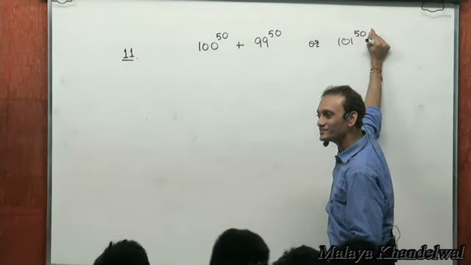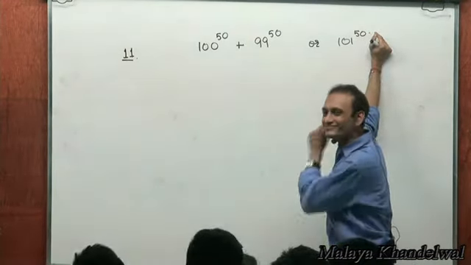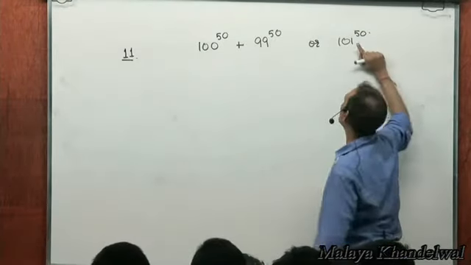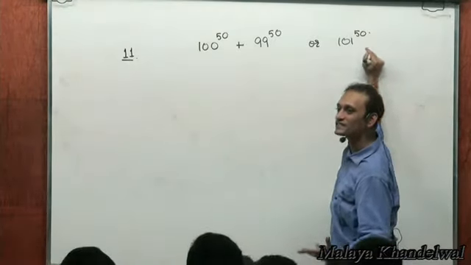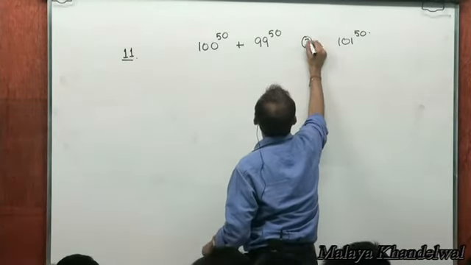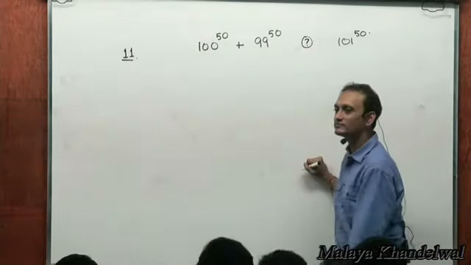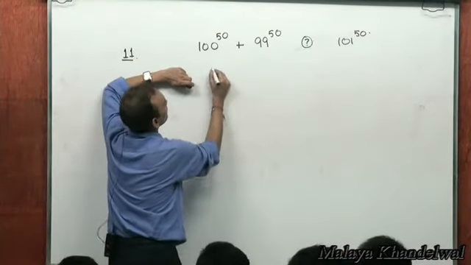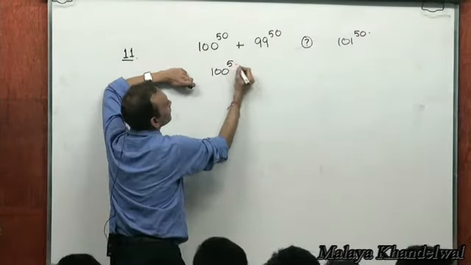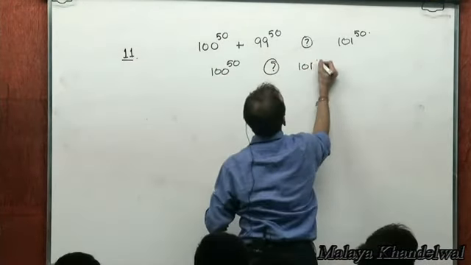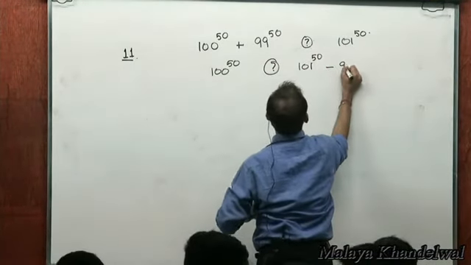Sorry. 100 to power 50 plus 99 to power 50 or 101 to power 50, which is larger, we need to figure out. Okay, we do not know. Here's a question mark here. So can I say 100 to power 50 question mark 101 to power 50 minus 99 to power 50?